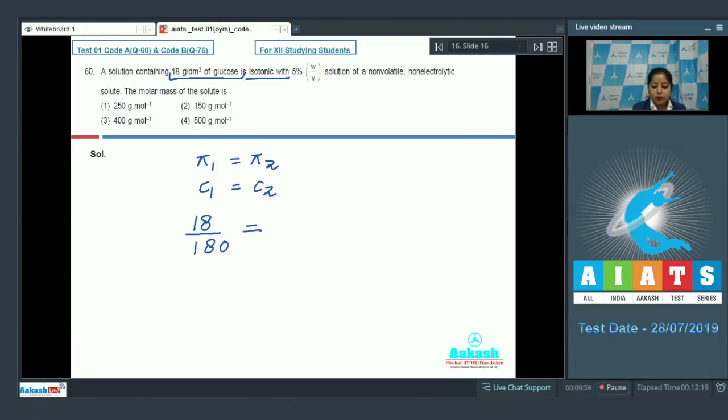We can calculate the molar mass of the second solute by using the formula 5 upon molar mass multiplied by 1000 upon 100. So the molar mass of the solute will be 500. Therefore the correct answer is option number 4. Let's move to our next question, class.